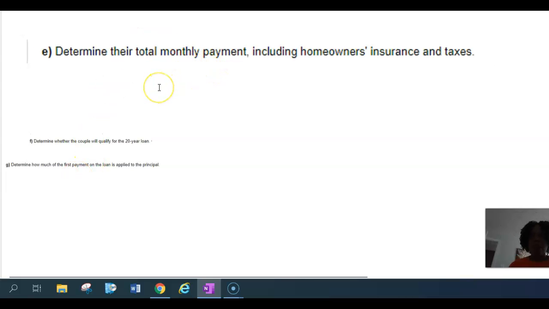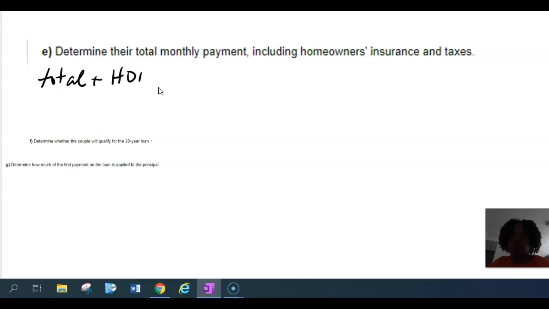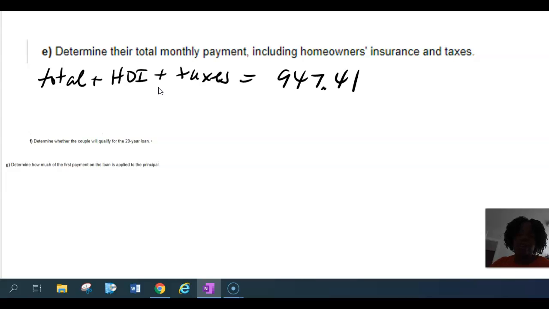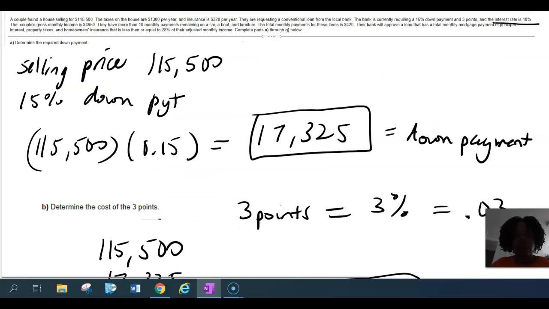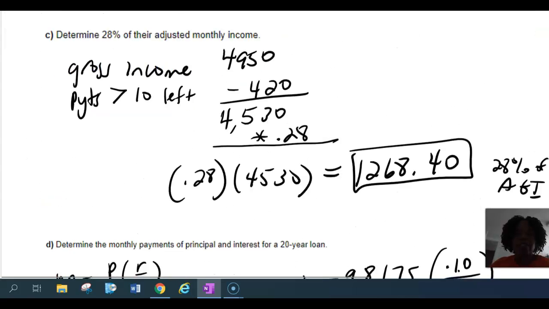Part E, determine their total monthly payment, including the homeowner's insurance and taxes. So the monthly payment, so let's say total, plus insurance and taxes. So we'll take the $947.41, which is their monthly payment without anything added to it, right? And then we'll add to it. It costs $1,300 a year for the taxes and $320 a year for the insurance.